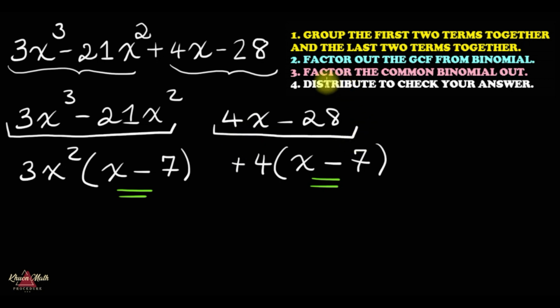And then step 3 is to factor the common binomial out. So we're going to pull out the common binomial, so that is x minus 7. So we're going to pull that out. x minus 7. Then when you pull out x minus 7 here, you're left with 3x squared.